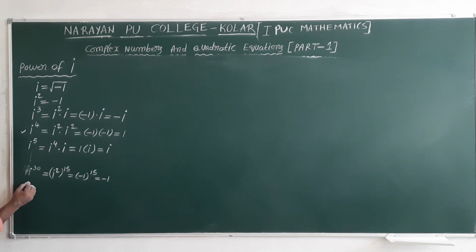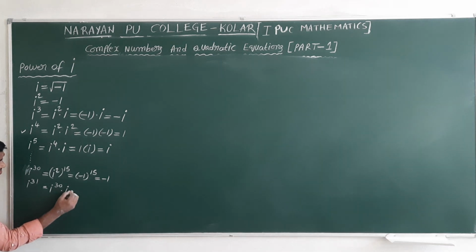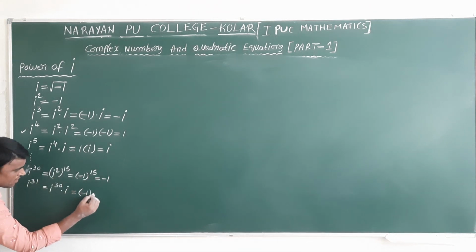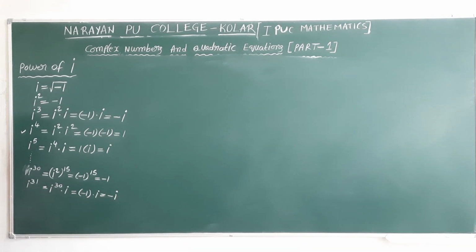Suppose i power 31 is there. Whenever the power is a big number more than 4, it should be a multiple of 2, otherwise a multiple of 4. So i power 31 is i power 30 into i. I power 30 we already know is minus 1, so minus 1 into i, minus i.